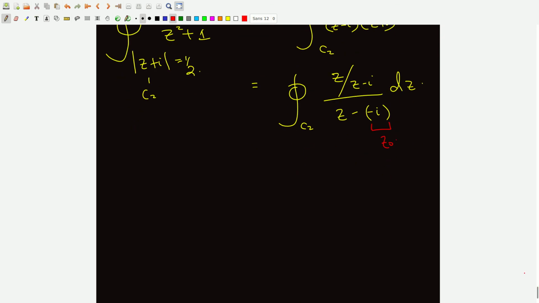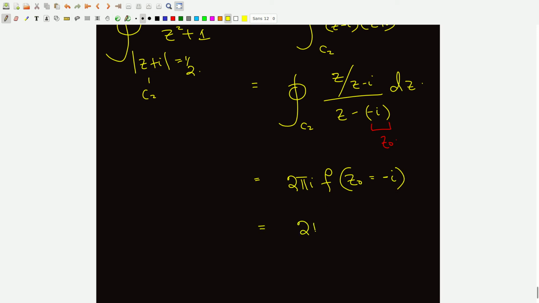So we know by the Cauchy integral formula that this is going to be given as 2 pi I f of z naught. In this case our z naught is negative I.